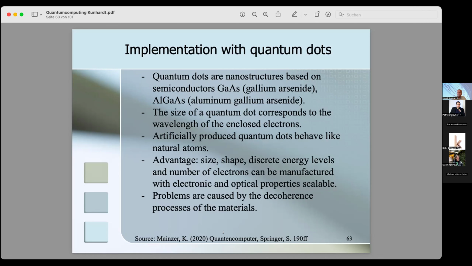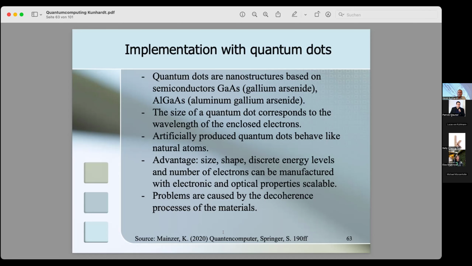Therefore, we are in the microcosm world, we are in the quantum world, and these quantum dots can be produced artificially. That's very interesting, that we are able to produce atoms like natural atoms with specific effects or specific advantages, like the creation of specific size, shape, or discrete energy levels.